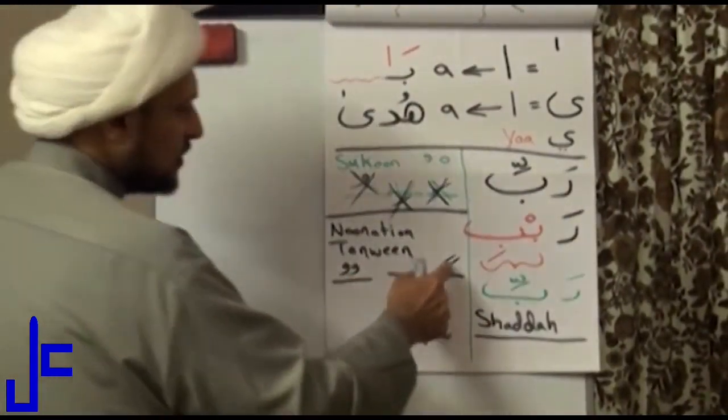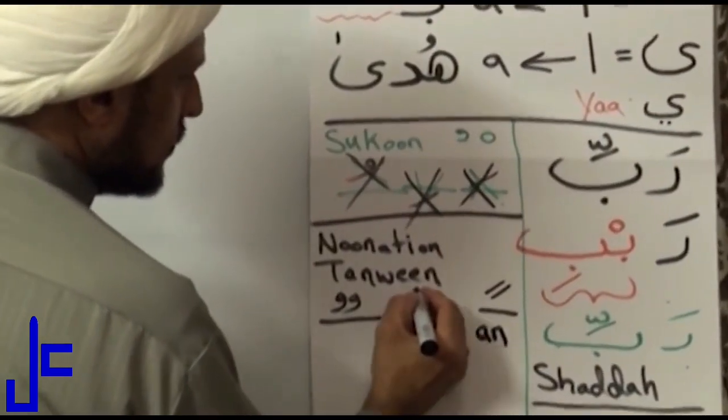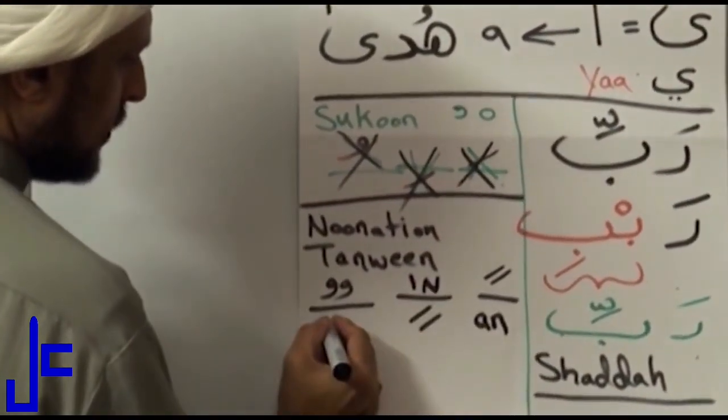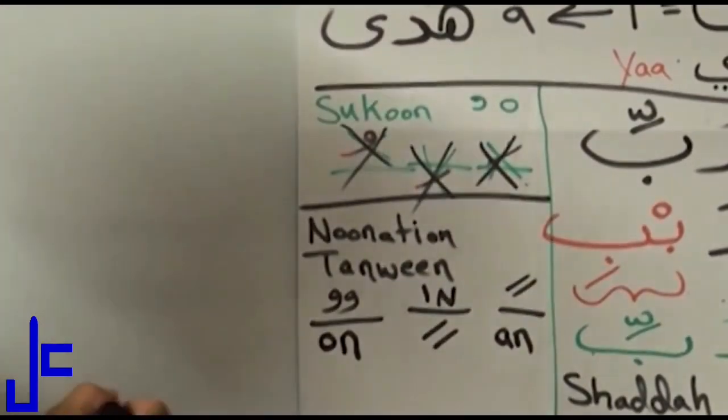There is a silent sound. Let me give you an example. So this is an. This is in. This is un. Not on, it is un.